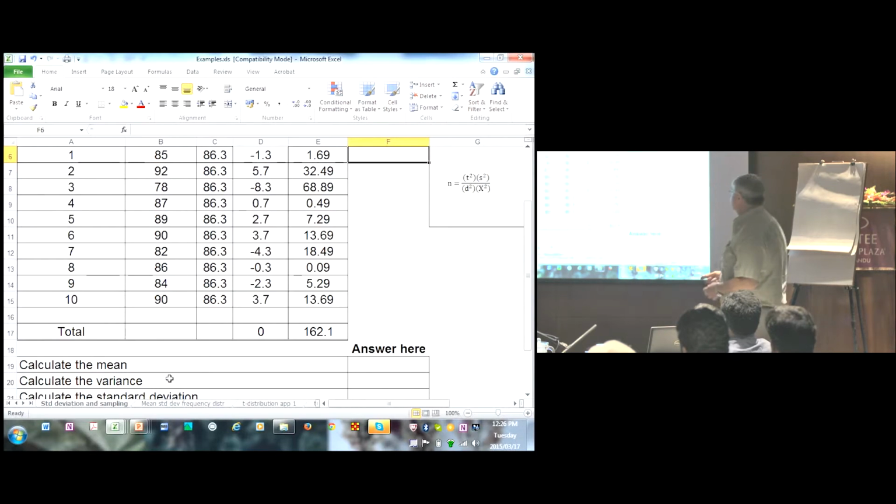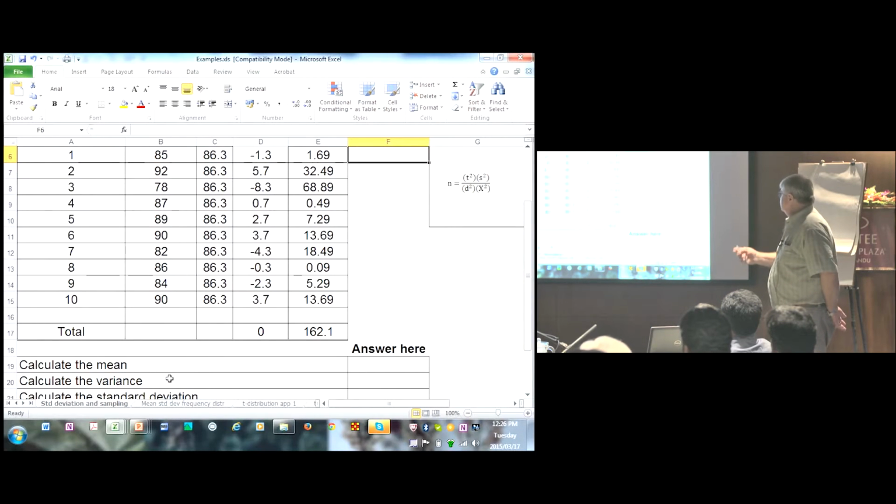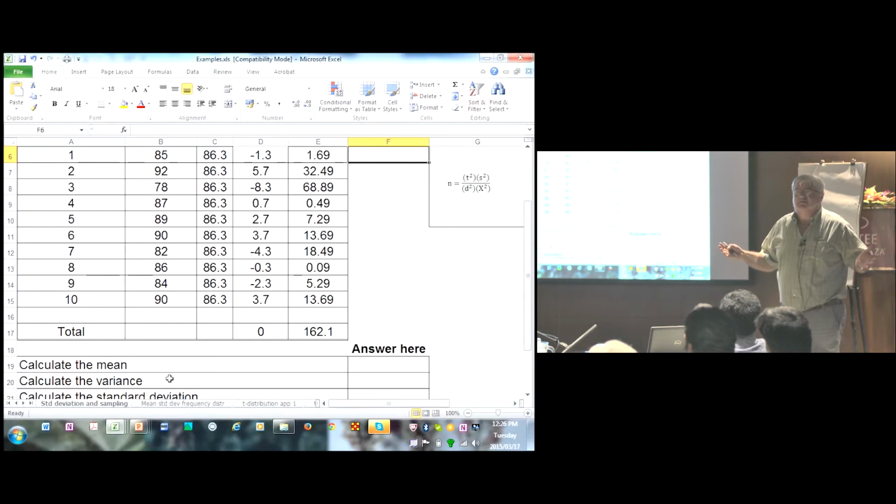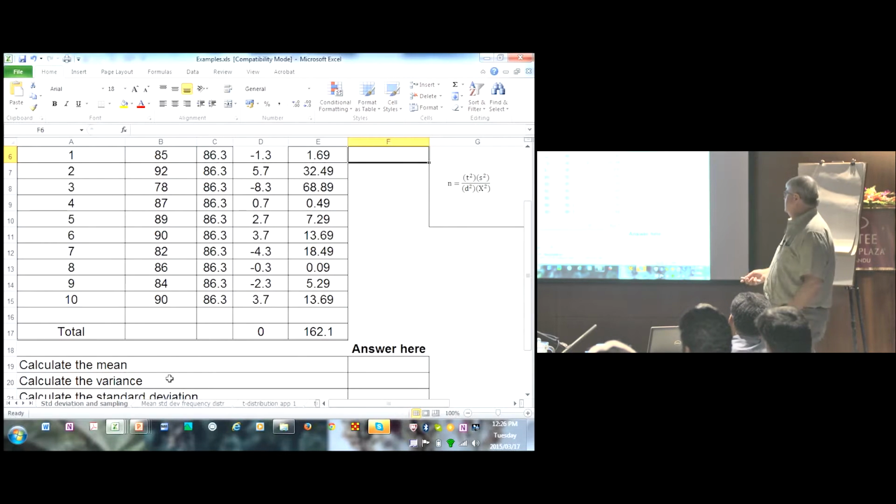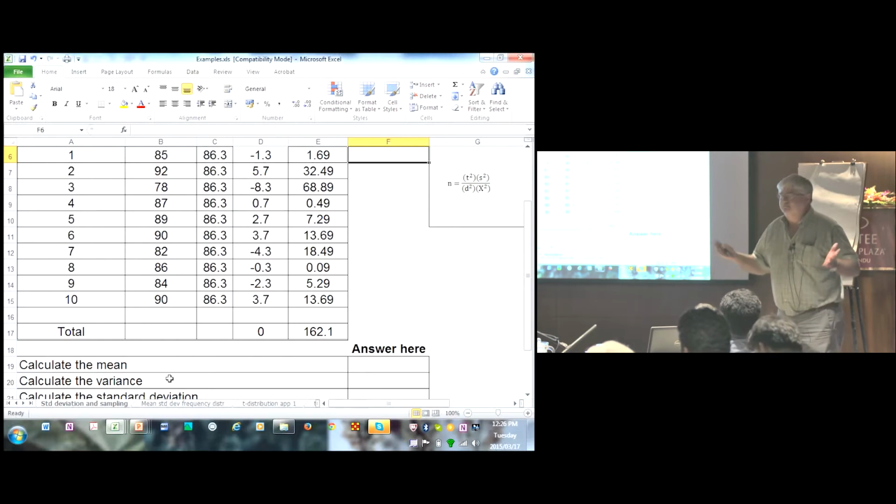Okay, there we go. So let's assume these are plant lengths. They can be any character. It can be disease severities. It can be whatever the case may be. These are measurements of some character, plant length.